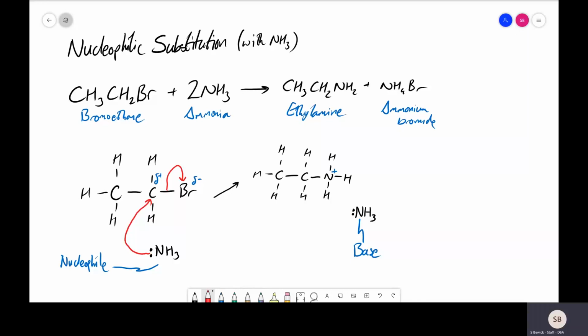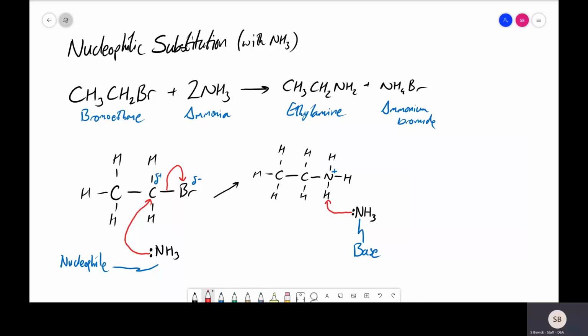And we represent that with a curly arrow going from the lone pair on the ammonia, pointing to the hydrogen. So even though the ammonia is going to take the hydrogen away, the curly arrow has to point from the ammonia to the hydrogen, because that's what it's attacking. It's attacking that hydrogen to form a dative bond and form ammonium. Acting as a base because it's taking away the proton. Now, you might be thinking, but hang on a minute, hydrogen does have an electron.